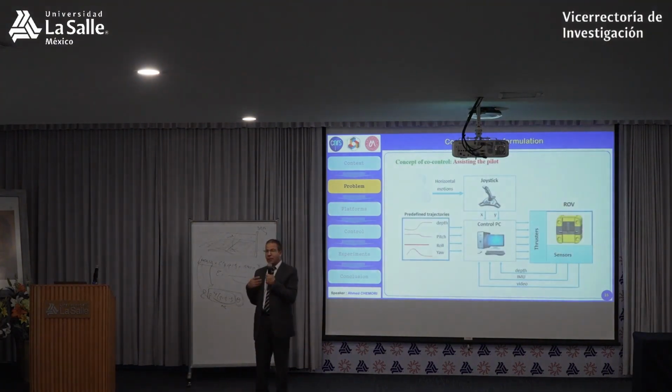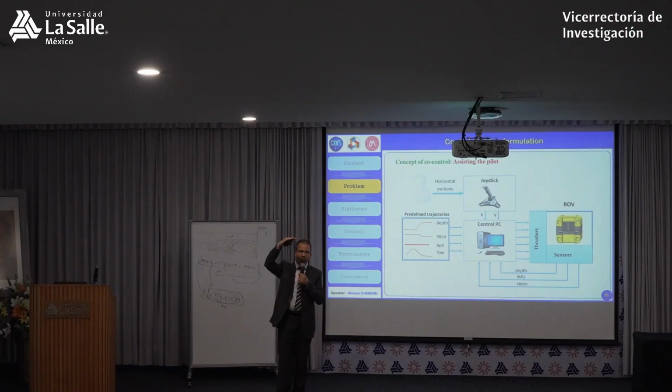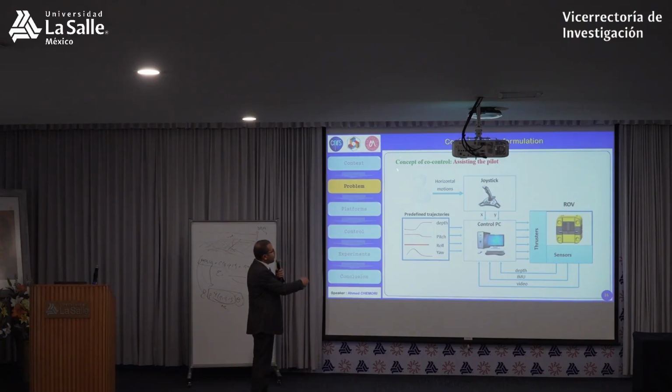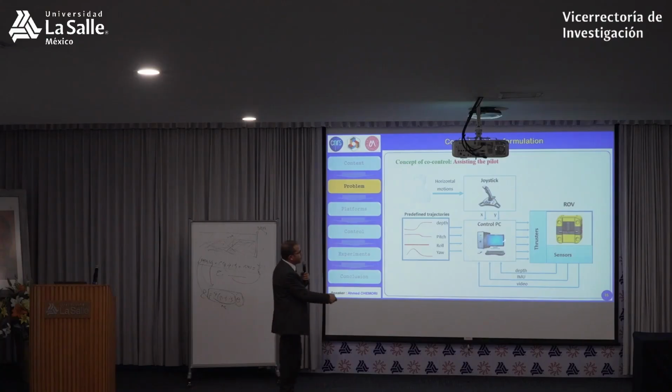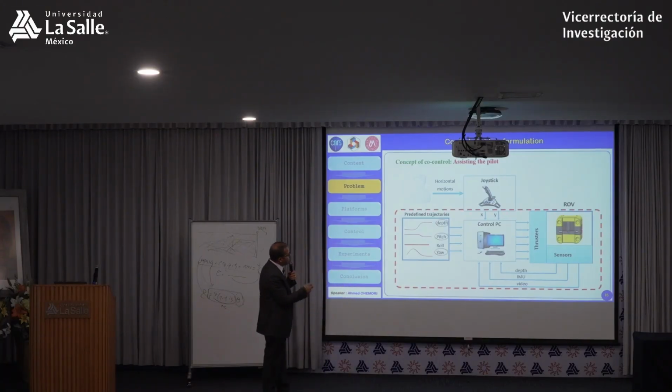So, the concept that I told you, if you talk about the autonomy, so fully autonomous, fully manual, and semi-autonomous, here we call it the concept of co-control. It means that we have a human operator, and we have a control system, and they will work together. The idea here is that the human using the joystick, for instance, will control X and Y, because we cannot measure X and Y. It's the human who will see the robot and try to control this position.